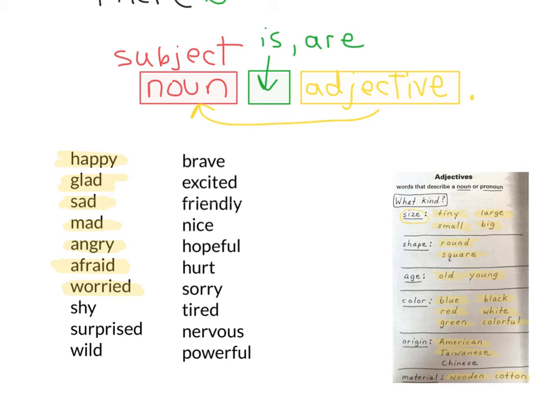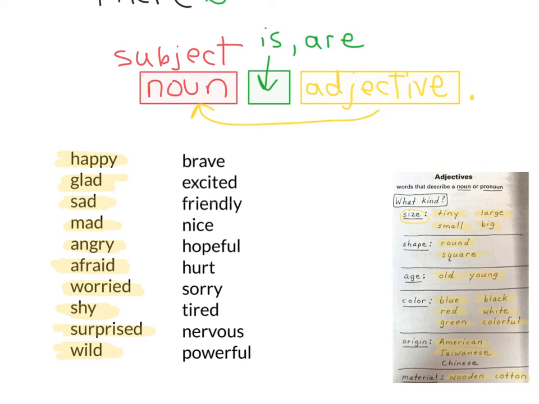Another good word to know is shy. She is shy. Or we could say he is surprised. If an animal is not a pet, and lives outdoors by itself, we would say the animal is wild.